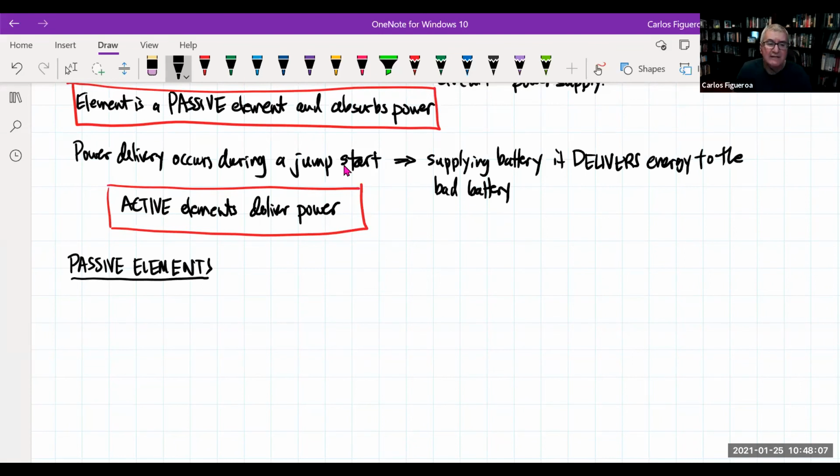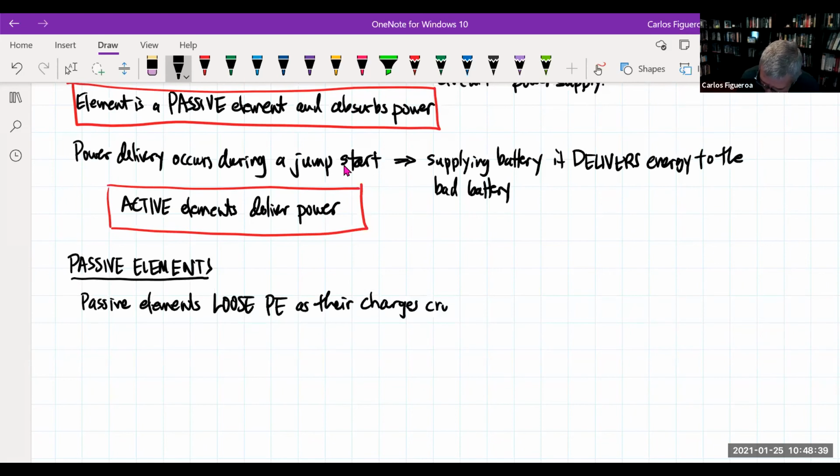Passive elements are those where electric charges moving across the element lose electrical potential energy. So passive elements lose potential energy when their charges go across them.